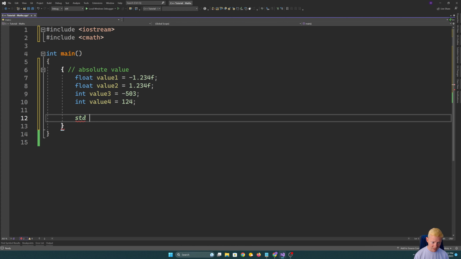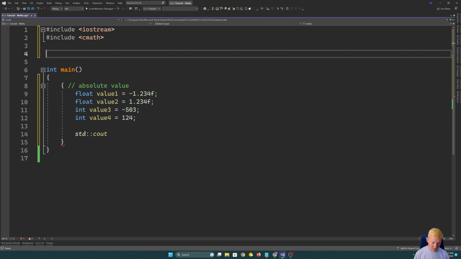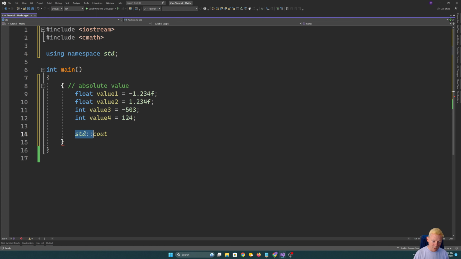So we're going to have our standard cout. Now, one of the things that I haven't done up until now, but you will often see it in C++ code, is it can get annoying to continually have to write this std there. So what we can do is a using namespace std, and that will save us needing to do it.